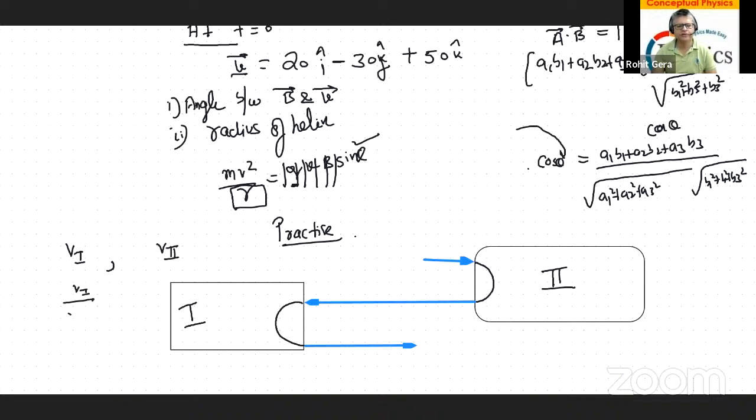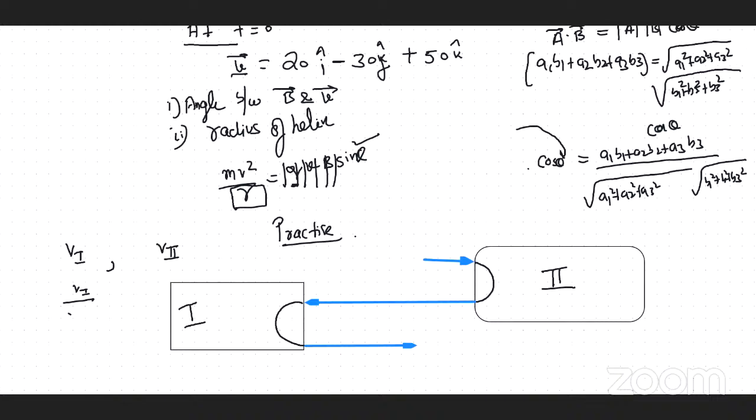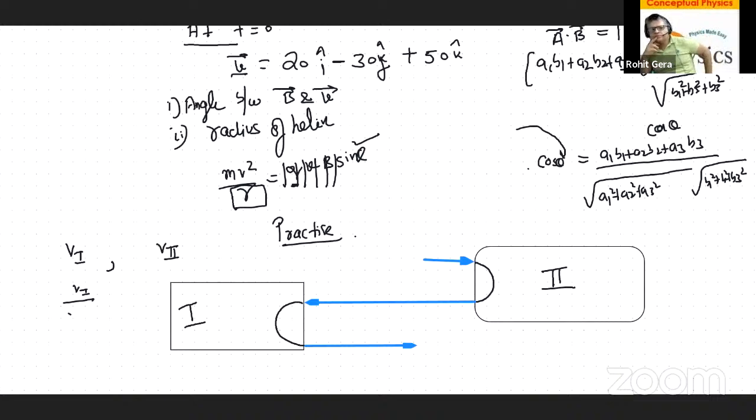The second thing you need to tell me is in which area, 1 or 2, the magnetic field is stronger. It is clearly known that R1 is greater than R2. You have to do a comparison of the velocities, and then a comparison of the magnetic fields, which means you have to decide which is bigger.